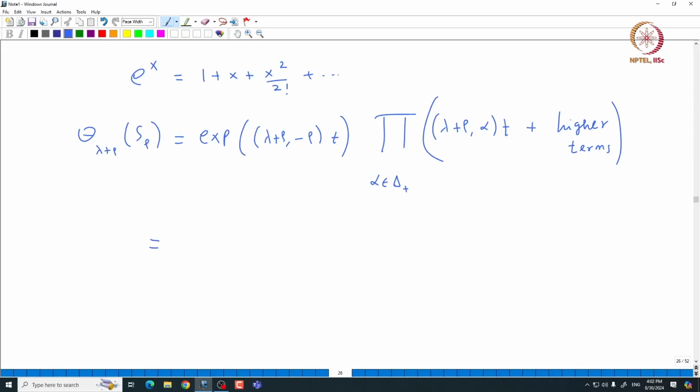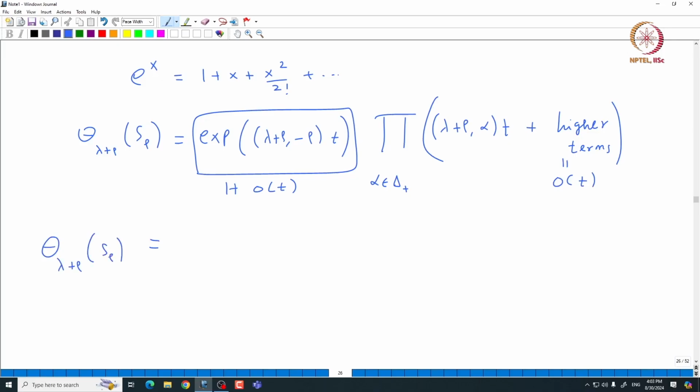So, this is exactly equal to, because this exponential is going to be 1 plus some order of t, so this is also some O of t. If you use this, then you can write theta lambda plus rho of S rho as the product of (lambda plus rho, alpha), alpha in delta plus. The t power n you can take out, where n is the number of positive roots.